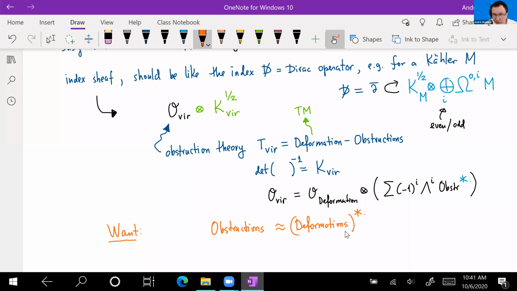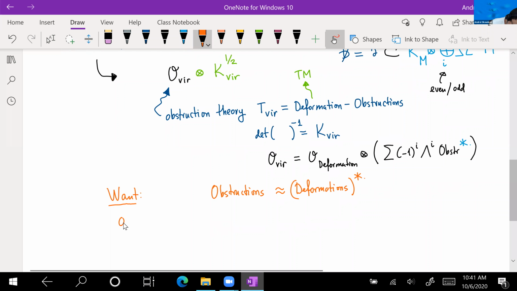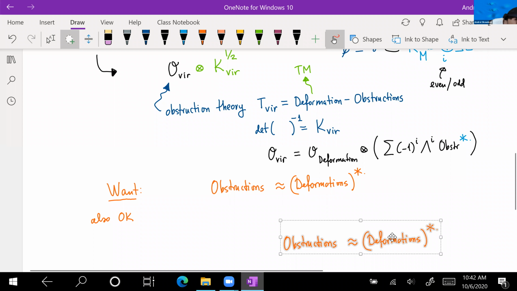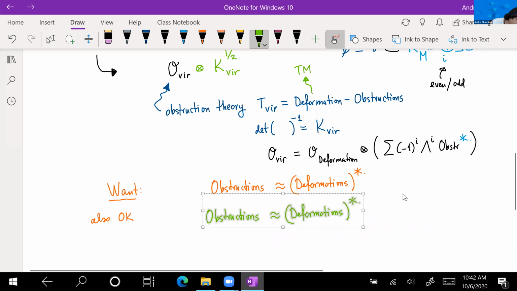It's hard to achieve that duality to be exactly right. So maybe it's okay. Also okay, if this space is not exactly true, but maybe true up to tensor with something that we control.